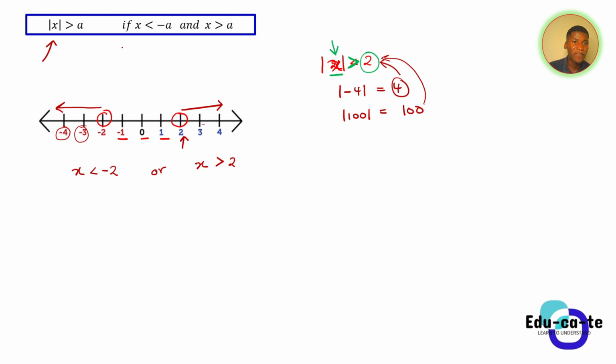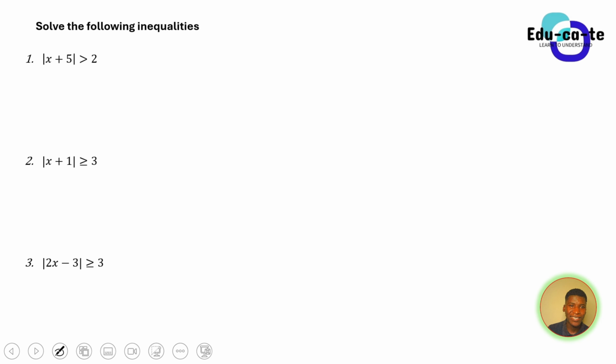So you make the expression under the absolute value sign less than the negative of the distance you want to be greater than, and then you say x is greater than the positive of this a. Just like here, we say x is less than -2 and x is greater than 2 to solve the absolute value of x is greater than 2. Okay, so let's just try to apply that.